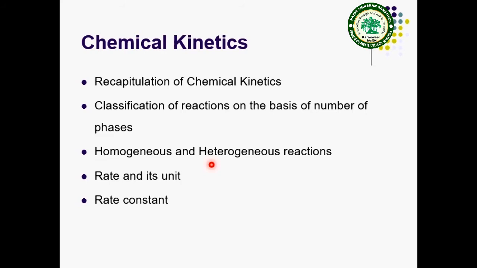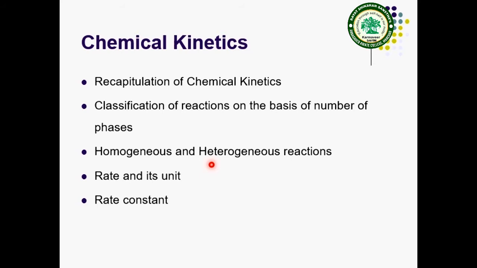Let us take another example, that the formation of hydrogen iodide from hydrogen and iodine. Here hydrogen is gaseous phase reactant, iodine is also in the vapor form, means the gaseous phase, and we get the product hydrogen iodide, also in the gaseous phase.